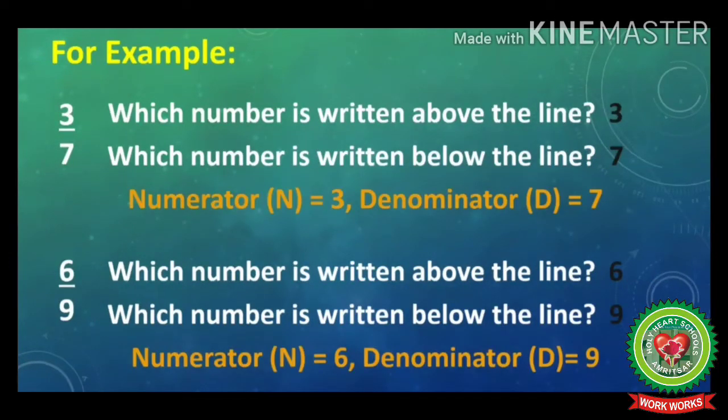Numerator, that means capital N, is 3 because it is written above the line, and denominator, denoted as capital D, is 7 because it is written below the line. Similarly, in the second example, numerator N is 6 and denominator D is 9, and in your copy you will do it like this.